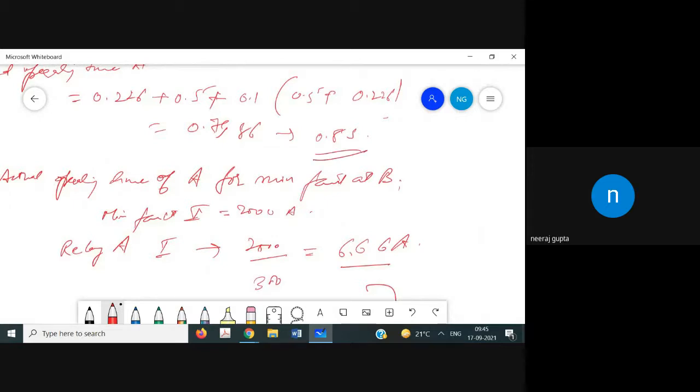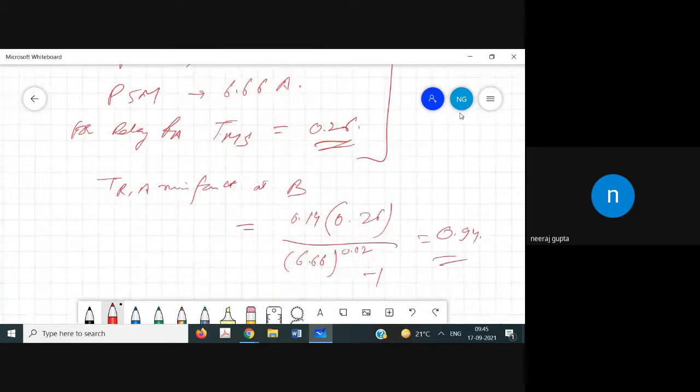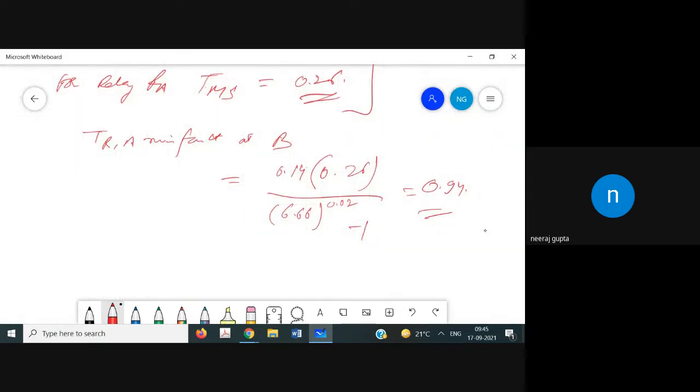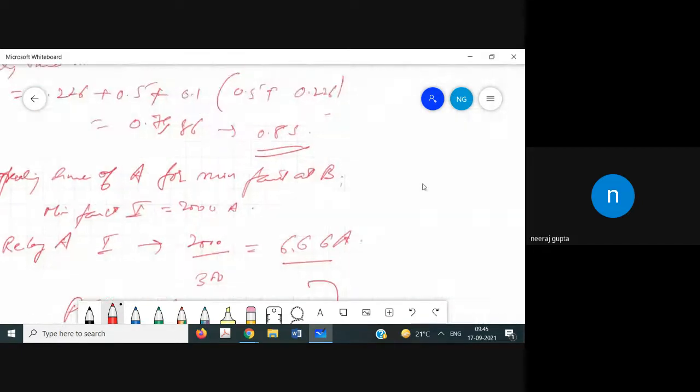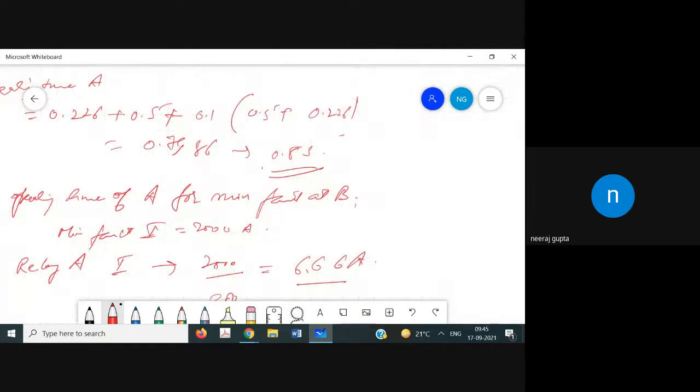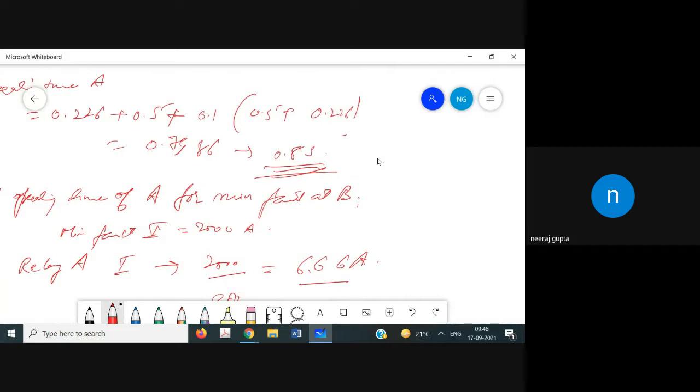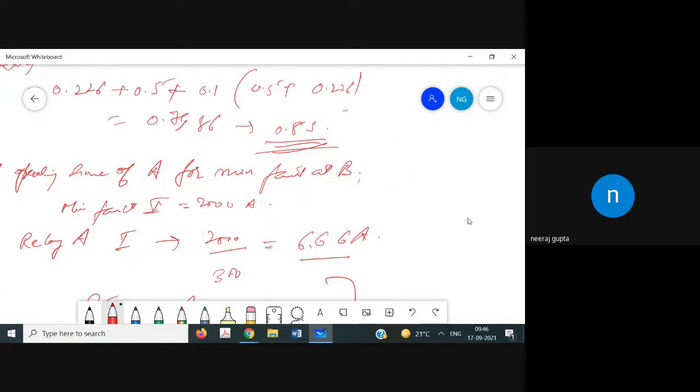So this 0.94 is the operating time, and it is greater than the minimum operating time we have calculated, which is required to maintain the selectivity. That is, from these settings the selectivity is maintained between relay A and relay B.